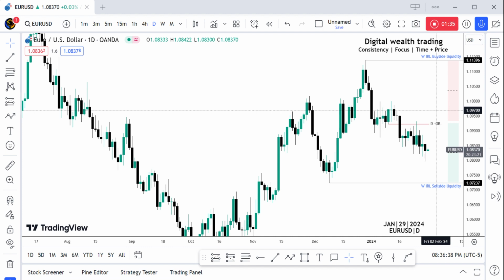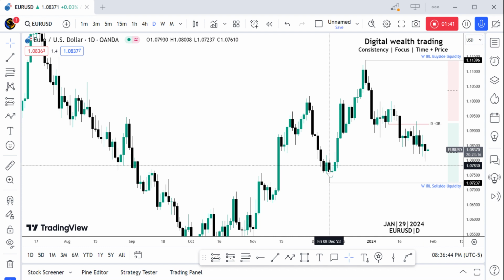On the daily contract, we can see that we priced into this particular down close candle, which is an ICT daily bullish candle, formed on Friday 8 December 2023.